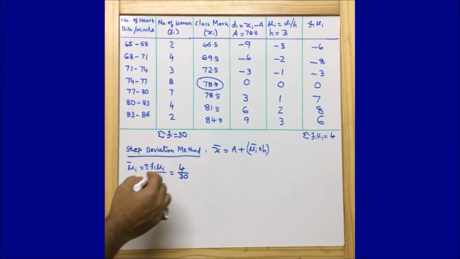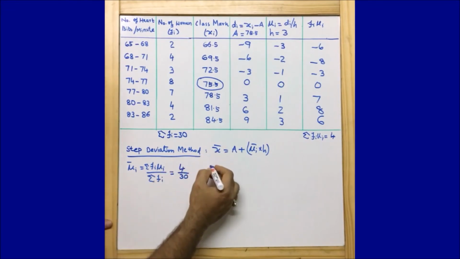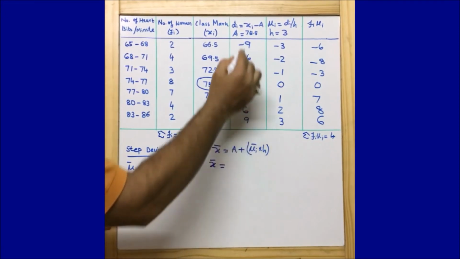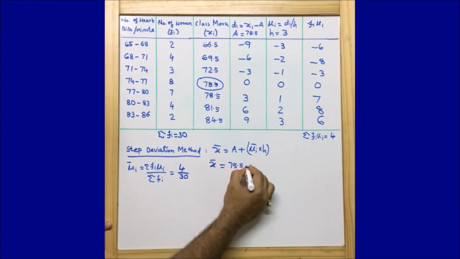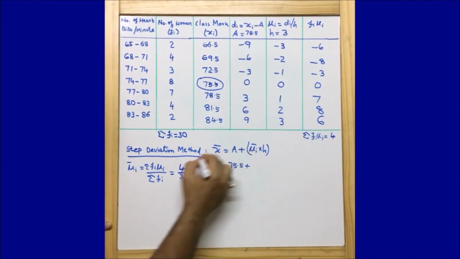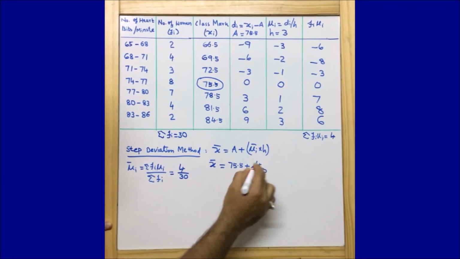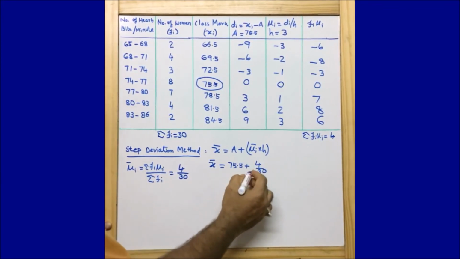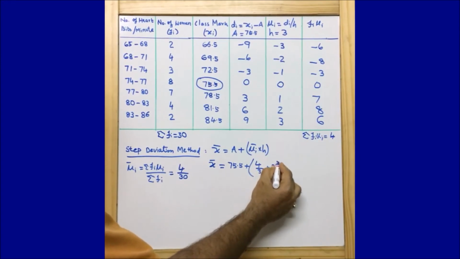Now we have got everything required for finding the mean. Let us put this in the formula. So mean is equal to A, where A is 75.5, the assumed mean we considered, plus mean of ui, which is 4 by 30, into h, the class height, which is 3.